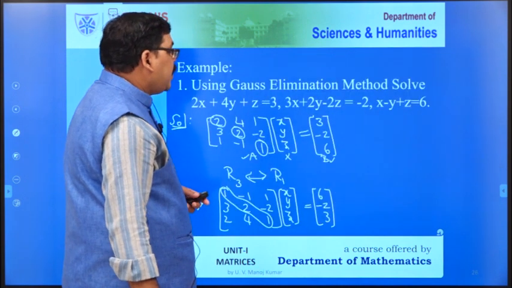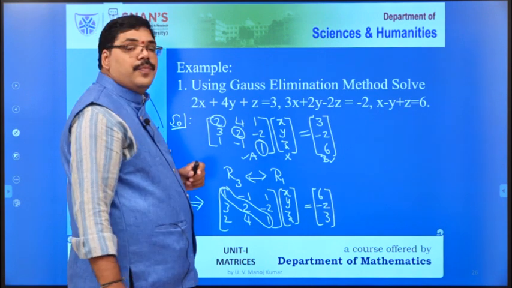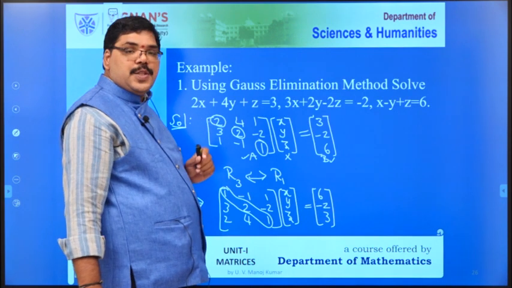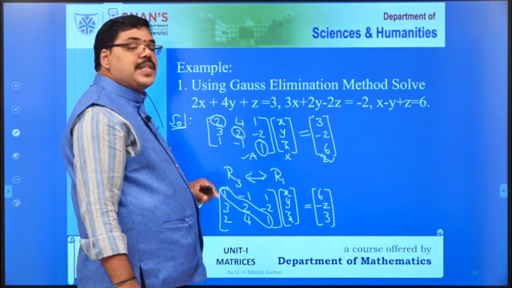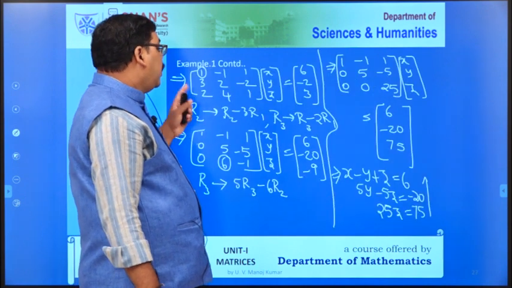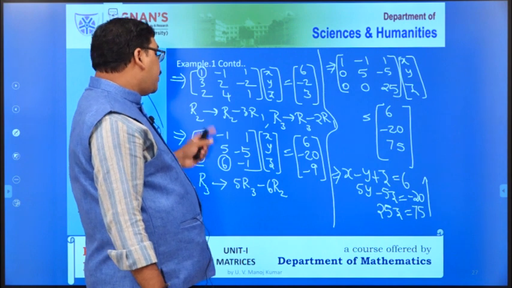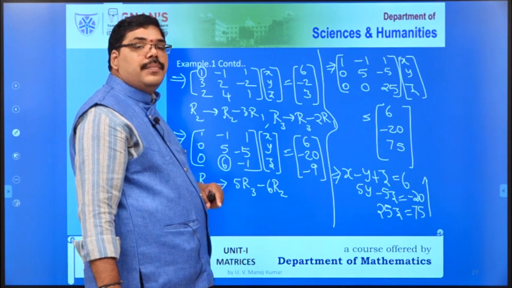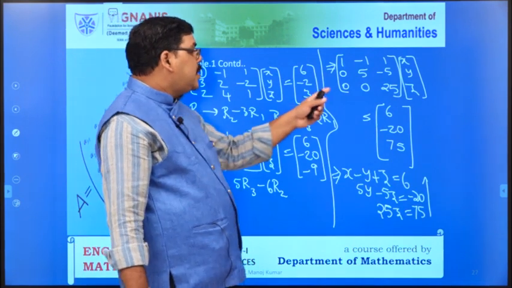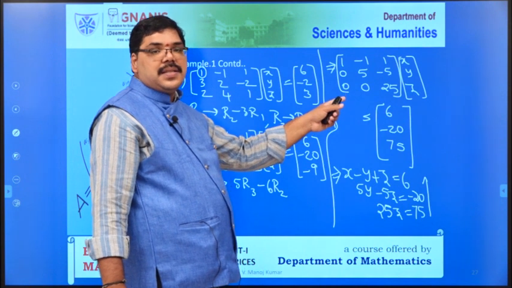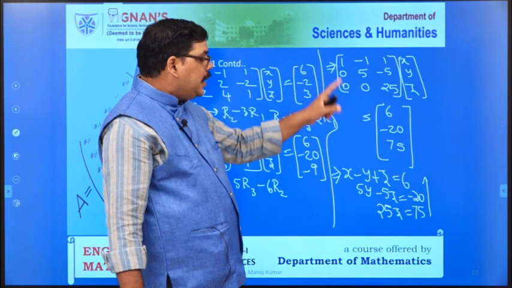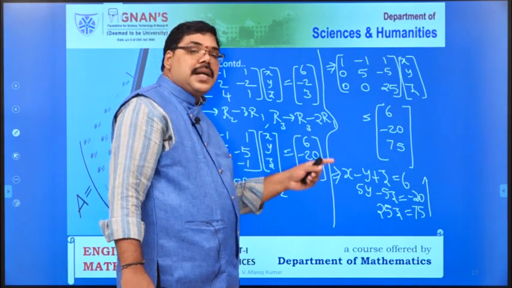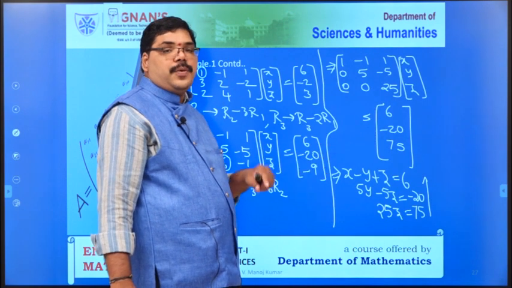So we were given a system of equations. The system of equations is written in matrix form. After writing the matrix form, we apply row operations. After applying row operations, we reduced matrix A into echelon form, and the same row operations we also applied on B. So the resultant system of equations in matrix form is this. From this, we again write the equations and solve them starting from the third equation to the first equation.